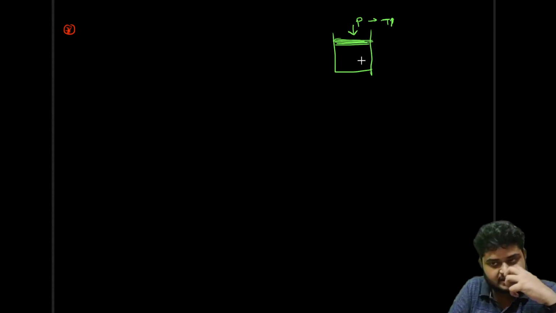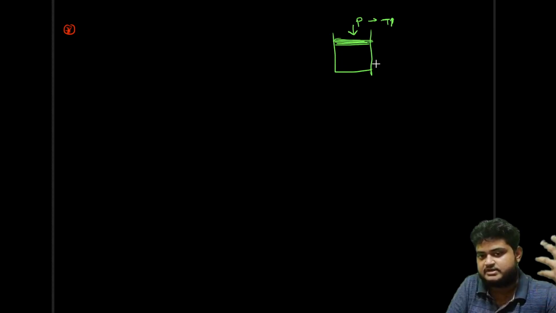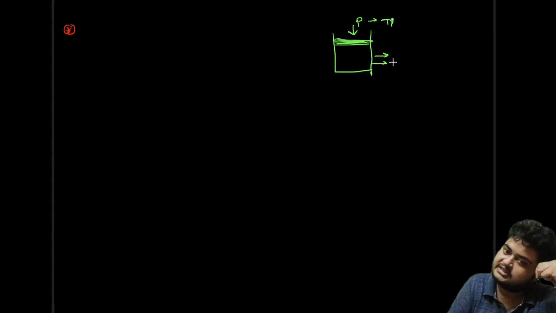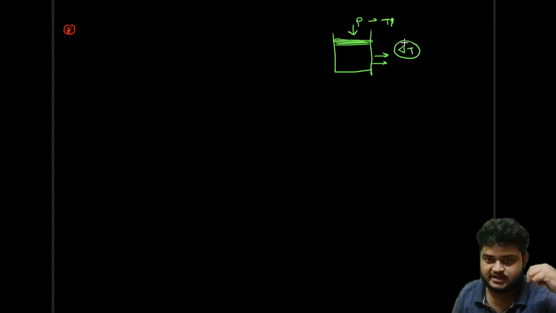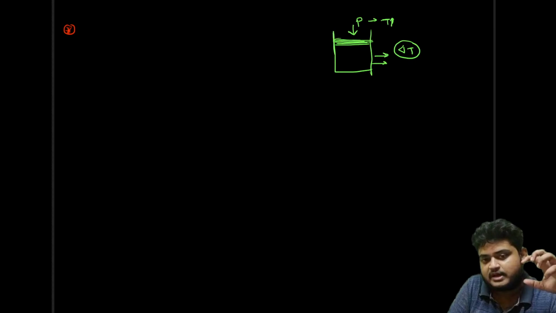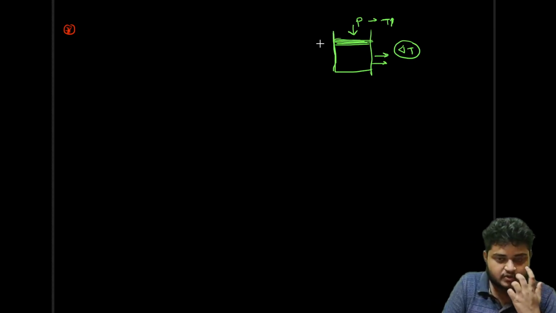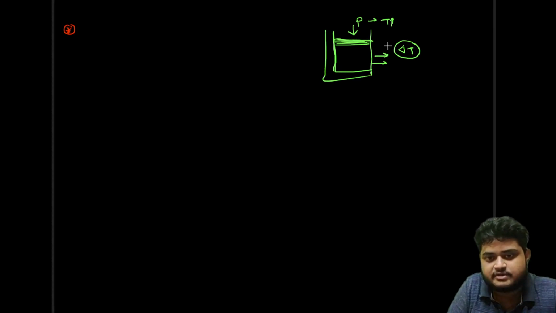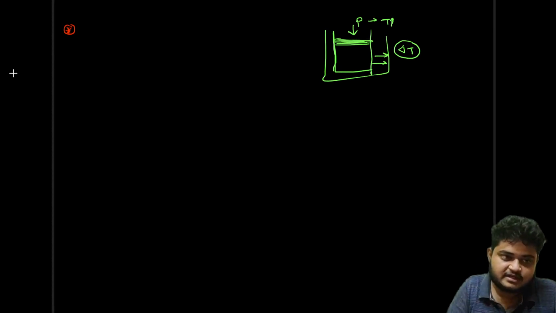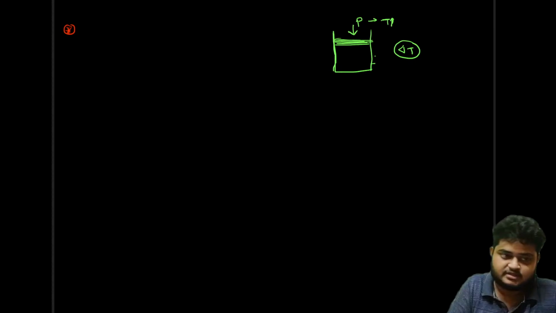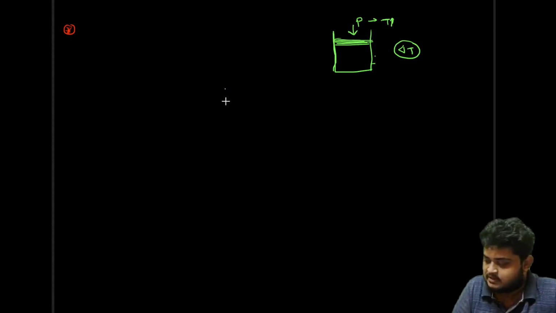Obviously the volume will be decreasing and the temperature will try to increase. But if we allow the increase in temperature to come out of the system, then the internal temperature will remain constant. So that is isothermal, right?